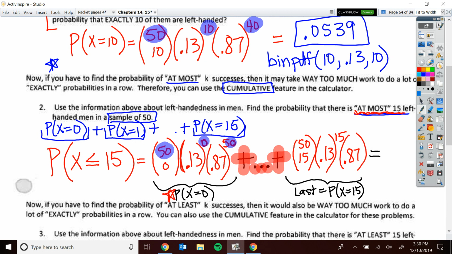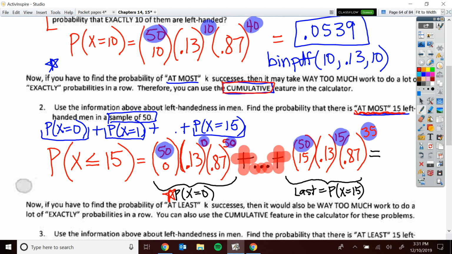Now, discuss amongst yourselves if there are 15 successes, then how many failures are there if they total to 50? Okay, so that is 35. All right, so we want to accumulate in our calculator 0 up to 15 successes.